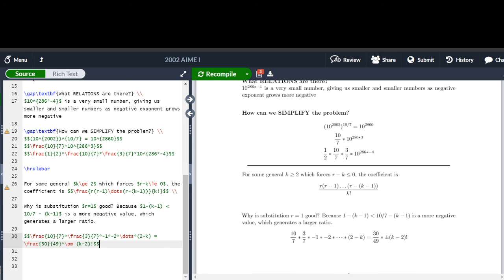And now if we divide it, we get that the coefficient is 30 over 49 times 1 over k times k minus 1.